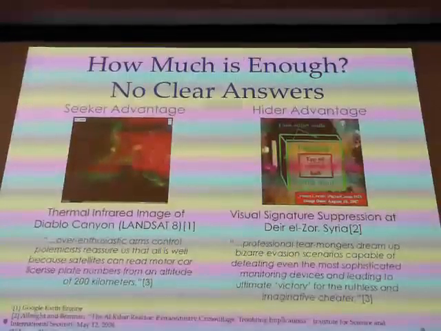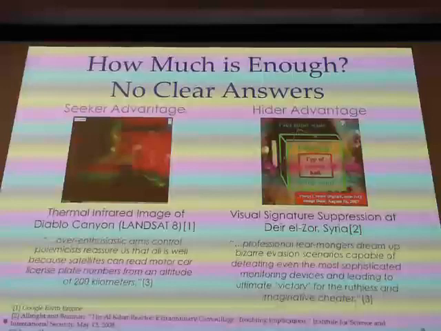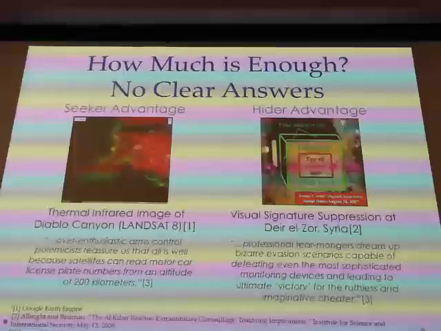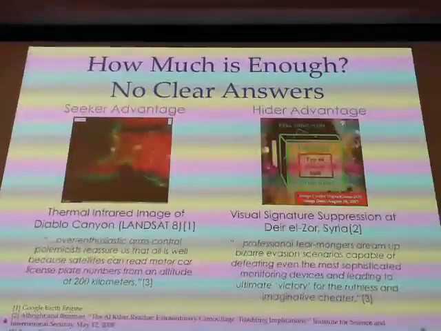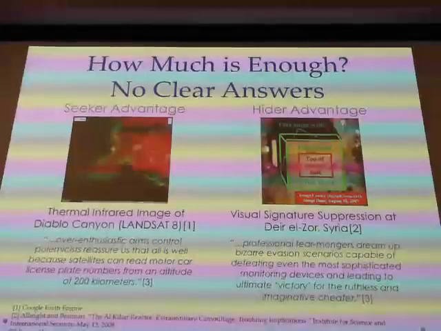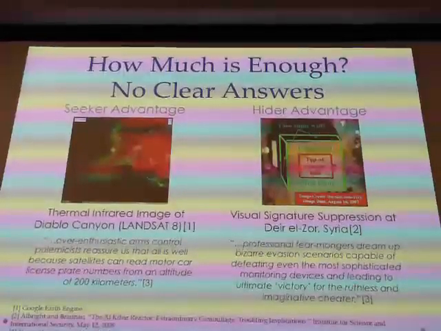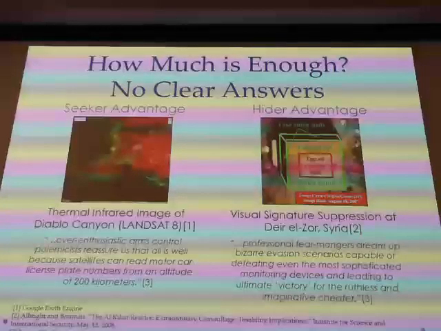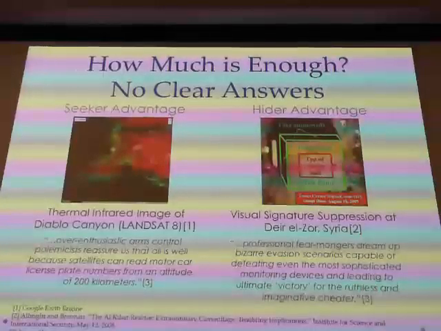And then there's the other side, the professional fearmongers who dream up bizarre evasion scenarios, right? Defeating even the most sophisticated monitoring device, leading to ultimate victory for the ruthless and imaginative cheater. And I think that really captures the sort of things you hear in these discussions.